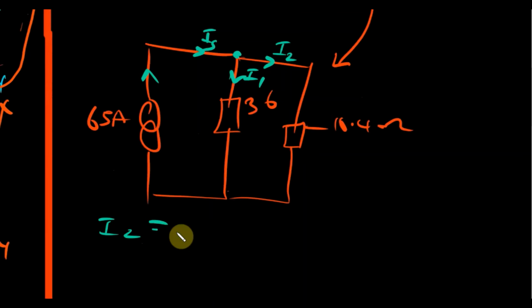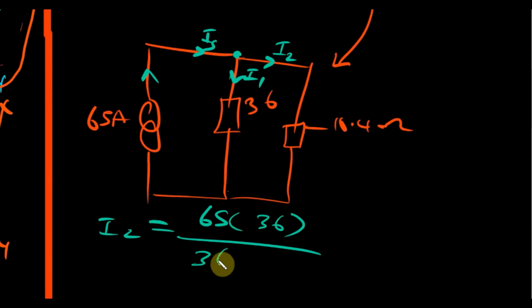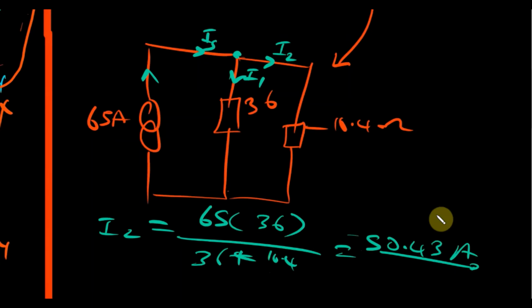So I2, using current divider, we're able to say 65 times the resistor that we're not interested in, divided by the total sum of the resistors. 65 times 36 divided by 10.4 plus 36 gives us 50.43 amps as my I2.